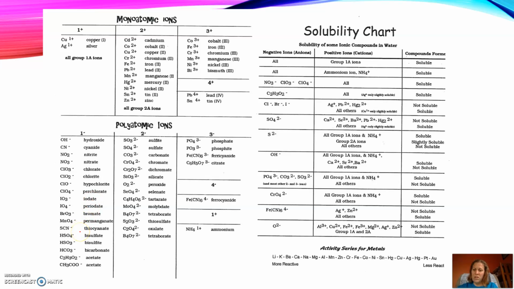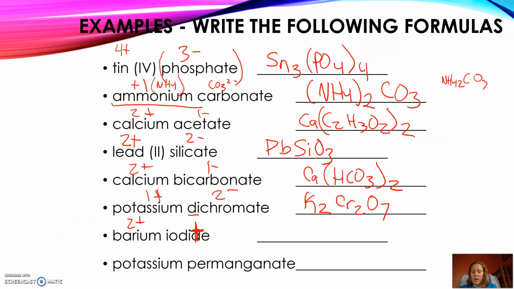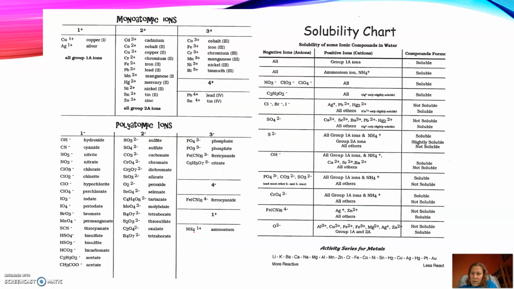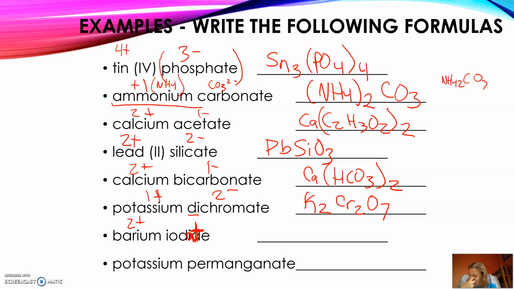Oh man, there's no such thing as iodite. Okay, well, then we're going to change the whole name. Iodate. But he is a iodate, 1 minus. 1 minus. So Ba, and then IO3 with a 2.